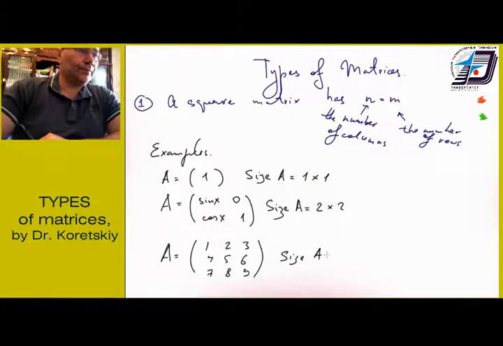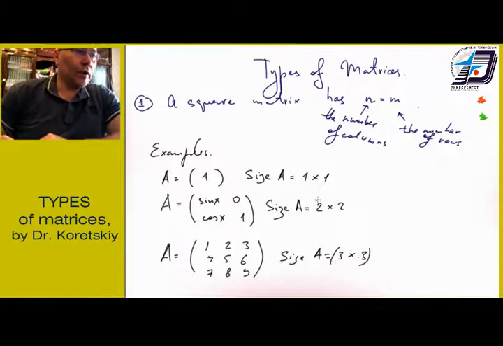Now one more example. A equal 1, 2, 3, 4, 5, 6, 7, 8, 9. The size of this matrix is 3 by 3.